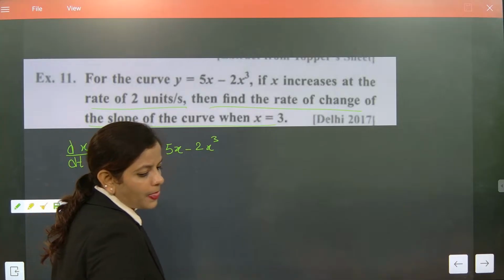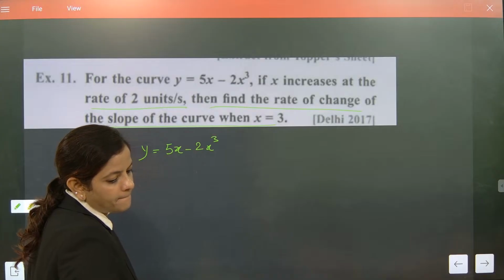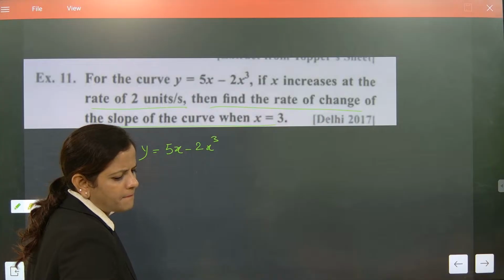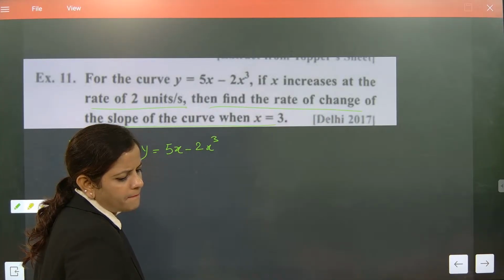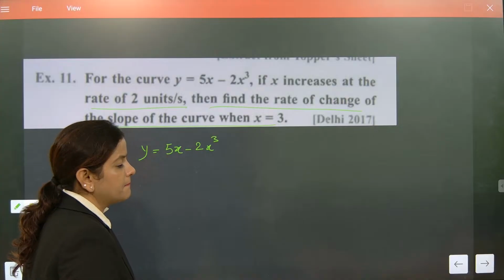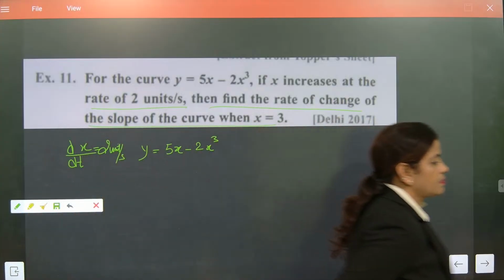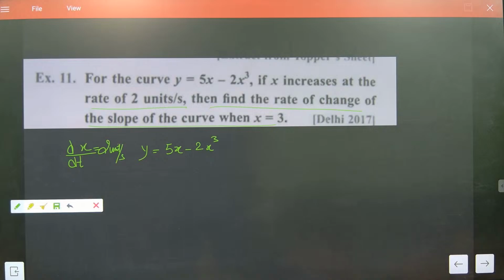Understood or not? Come on, start solving this question. No, wrong. How can it be minus 31?